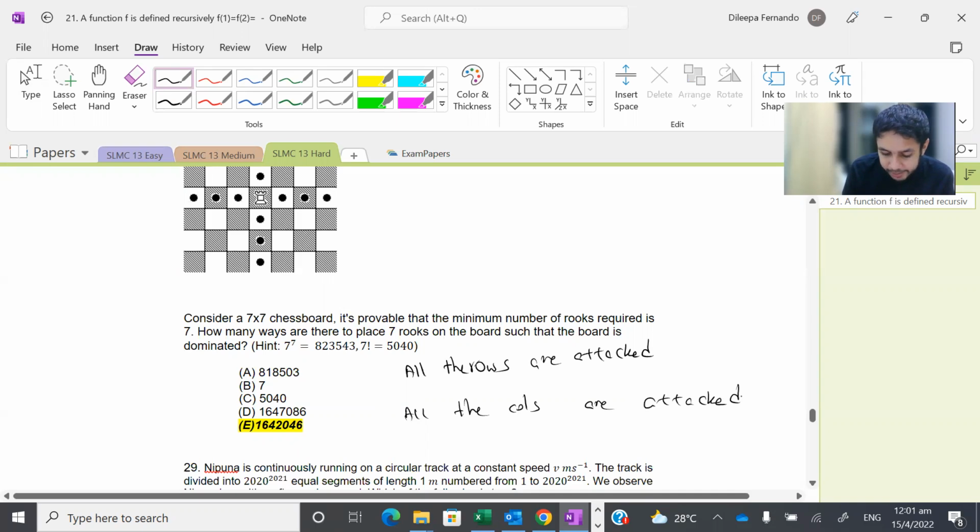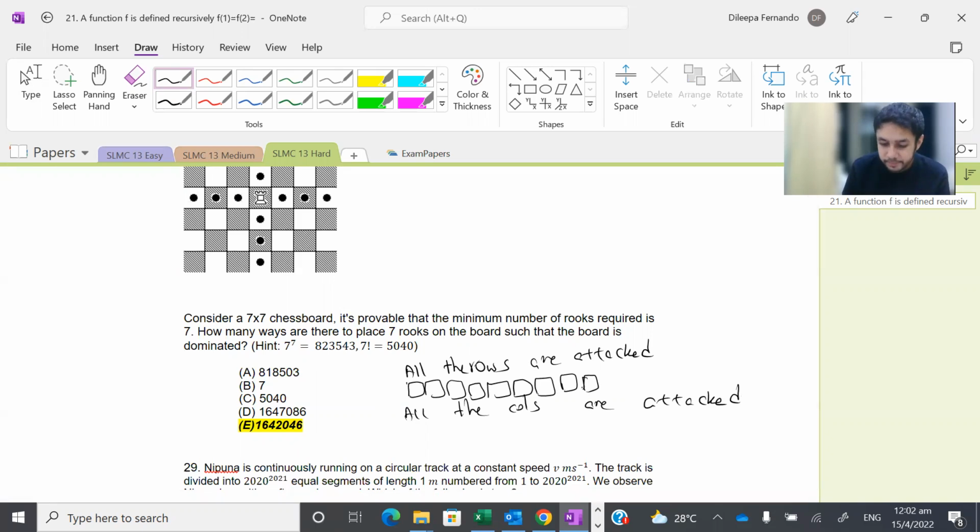If all the rows are attacked, that means for each row, like row number 1, row number 2, row number 3, we should have exactly one rook for all the rows. And for each of the rows, the rook can be in any cell.